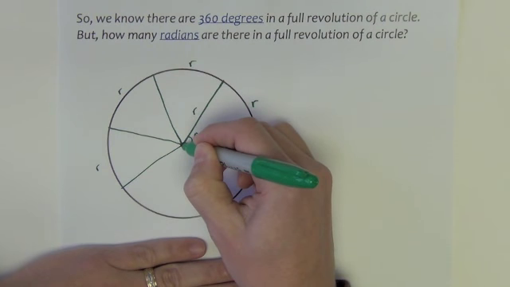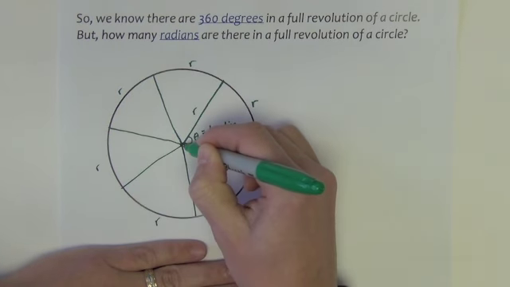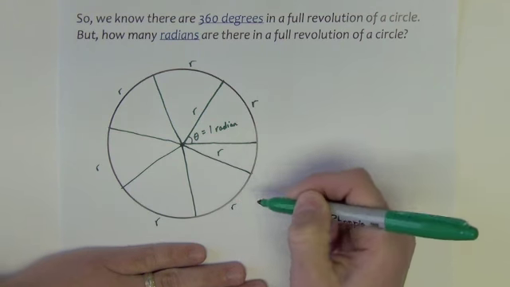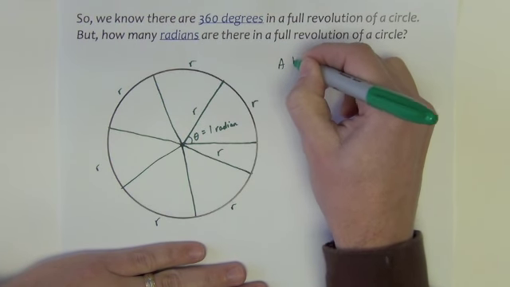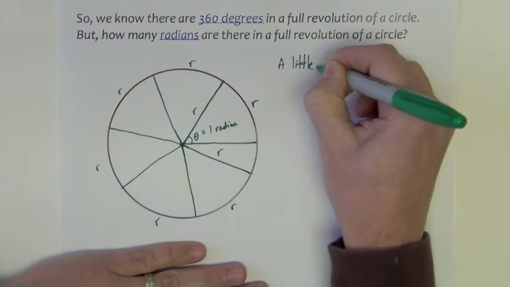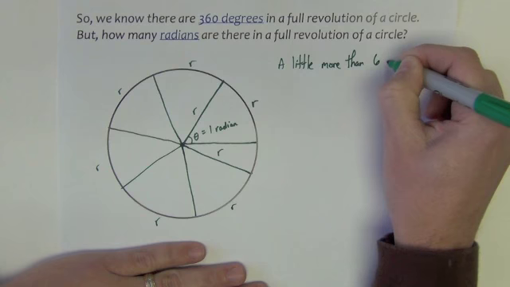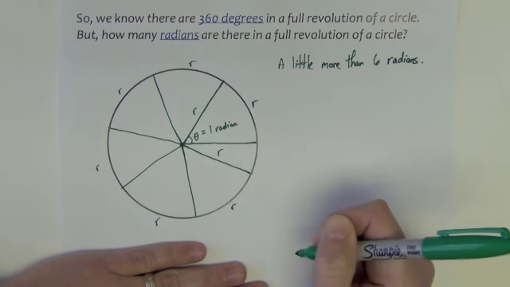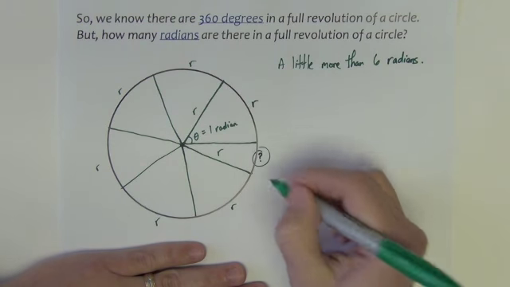Let's see, maybe there's another one. Maybe there's another one. It looks like there are, let's say, a little more than 6 radians. A little more. How much more?